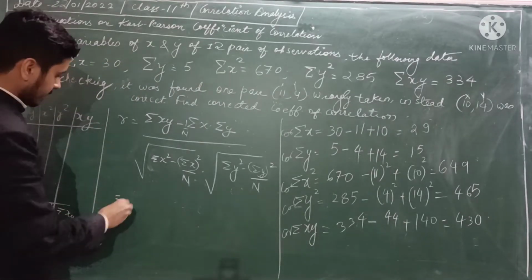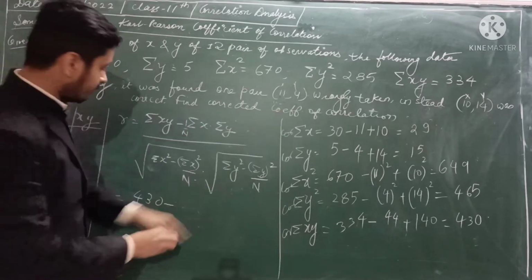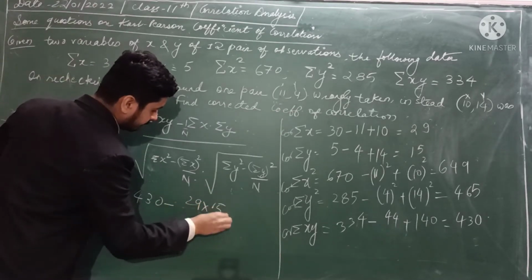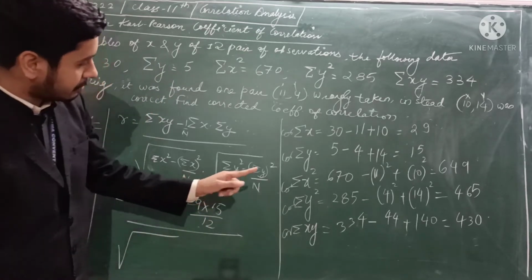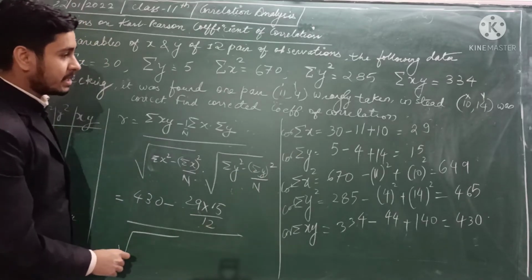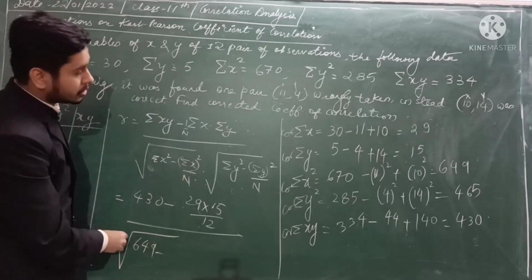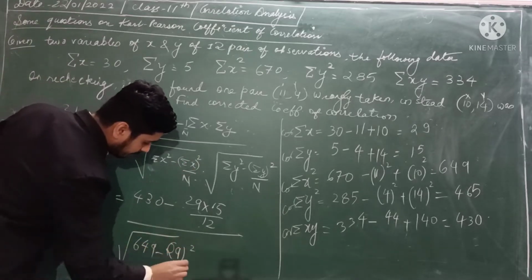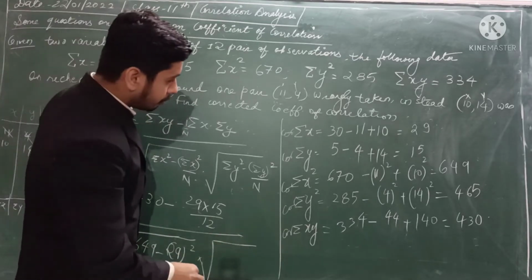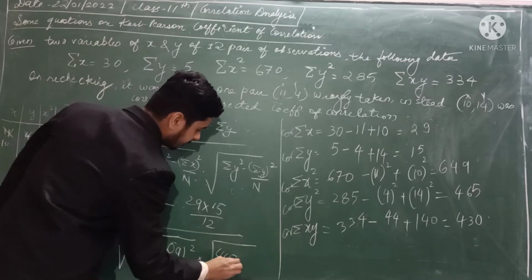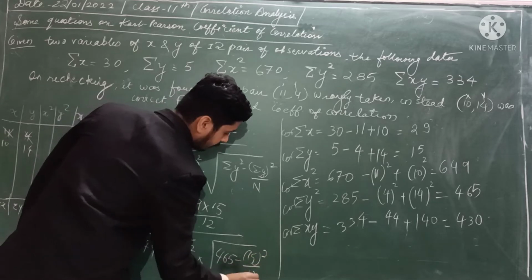Summation of xy is 430, minus summation of x times summation of y, which is 29 into 15 upon 12, divided by the square root of summation of x square, 649, minus 29 the whole square upon 12, into the square root of 465 minus 15 the whole square upon 12.